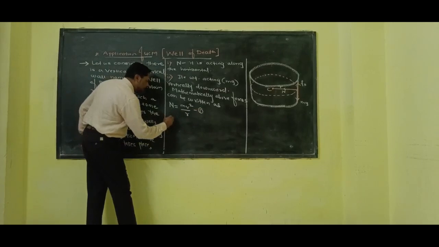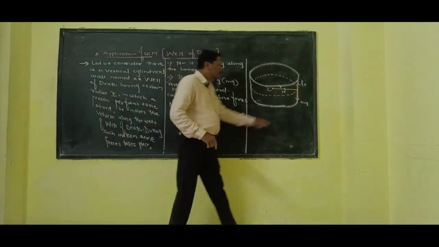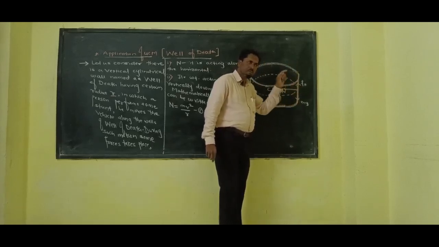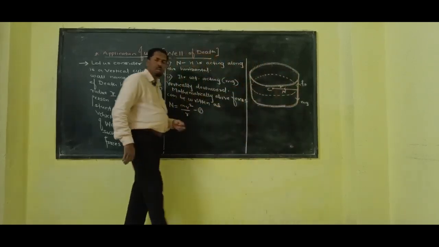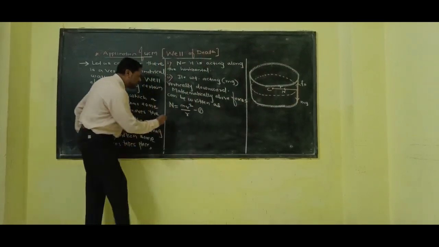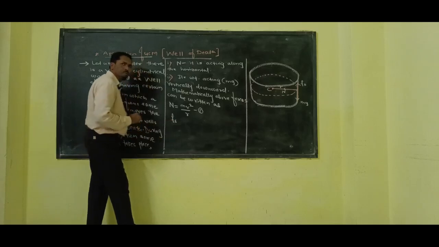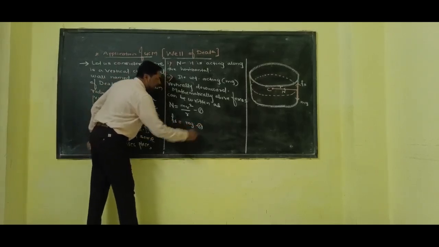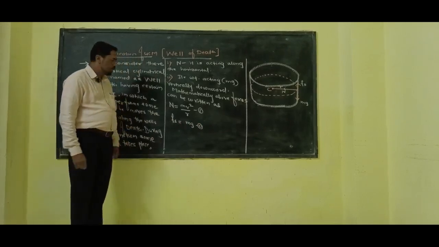Whereas the weight mg is acting vertically downward along the wall of the well of death. So the force of friction takes place, that is Fs is equal to mg, equation number second.